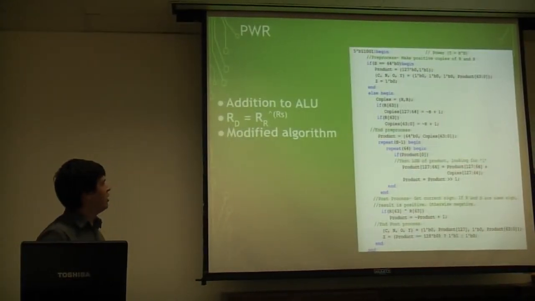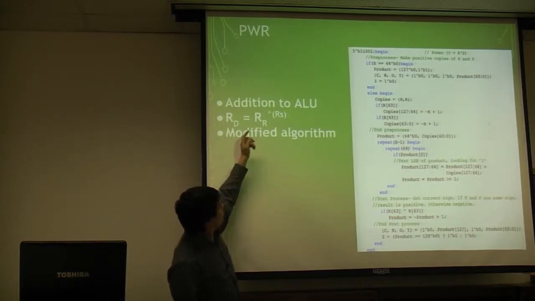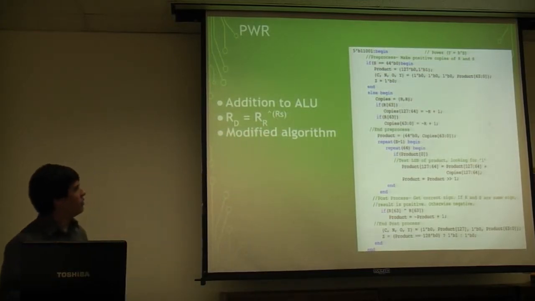Now, this is the instruction I was talking about. It is my pride and joy. It is a power operation, so basically the destination register will receive the R register to the RS register, so that's pretty cool.